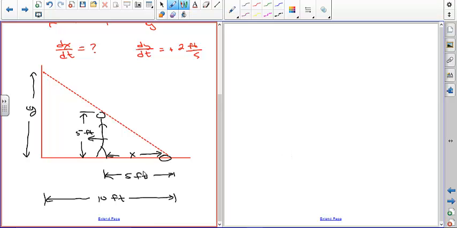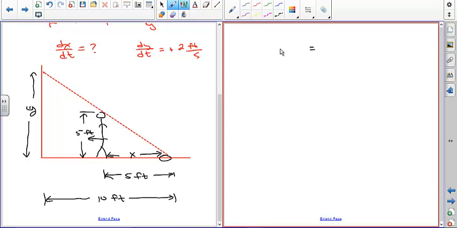And don't use 5. This is 10. This stays fixed. This 5 feet is at a particular instant, so you're going to want to use x, not 5 feet. It's just going to be two ratios here.